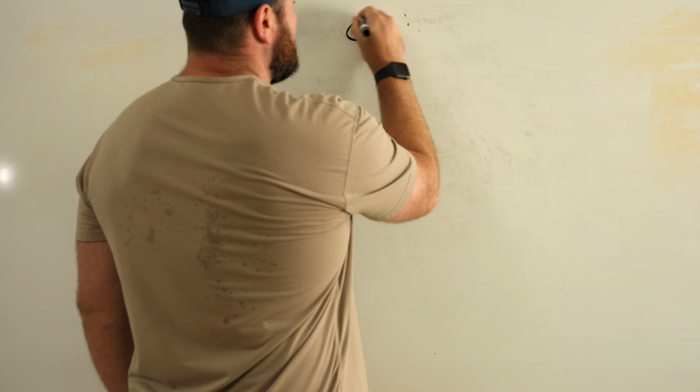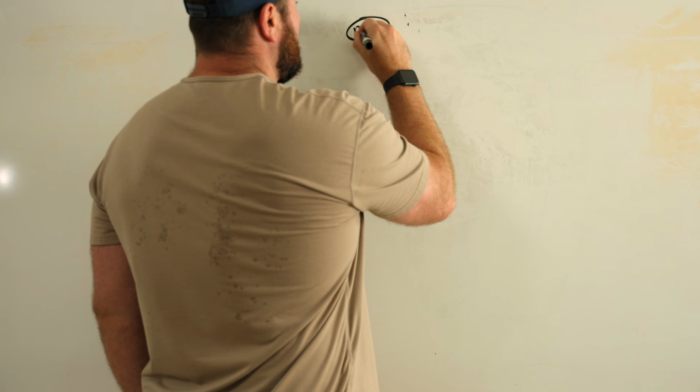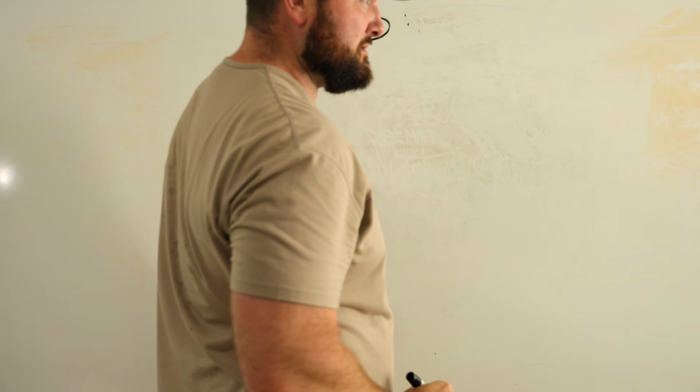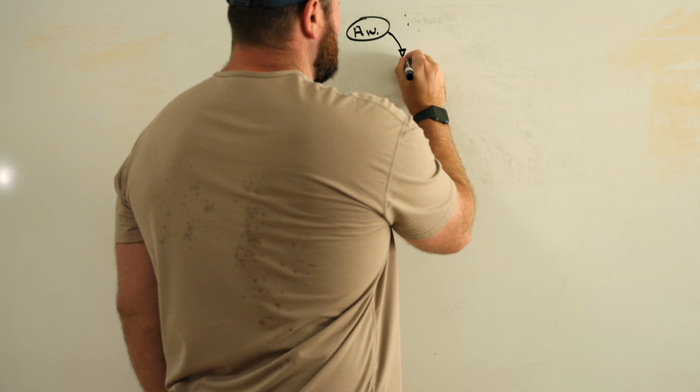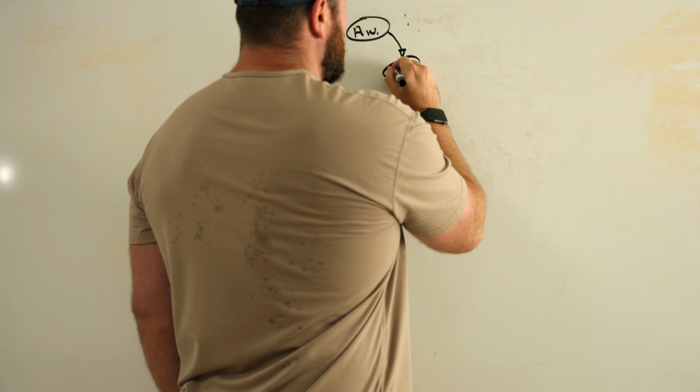To wrap this up, I'm going to walk you through the exact step-by-step formula for taking someone from not knowing you exist on social media all the way to paying you money. We would have a social media post, which we'll call an awareness post. The awareness post takes someone to a nurture post.